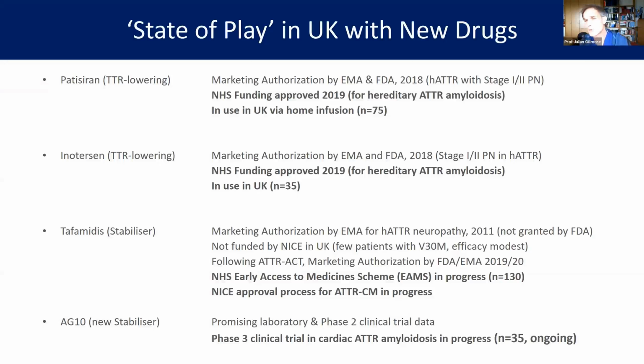And patients with hereditary ATTR amyloidosis who just have a cardiomyopathy with no evidence of neuropathy at all are also ineligible to receive these drugs at the moment. But if you have a neuropathy along with a cardiomyopathy, you are potentially eligible in the NHS to receive either patisiran or inotersen as TTR lowering drugs.